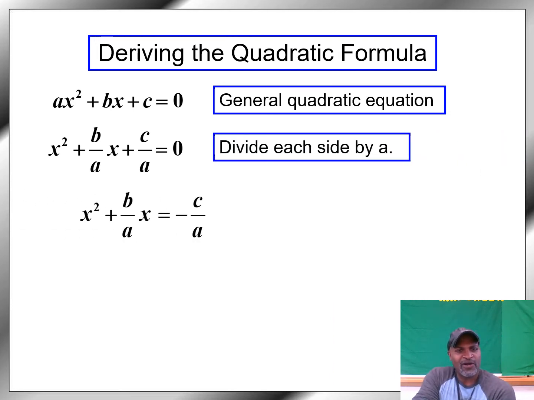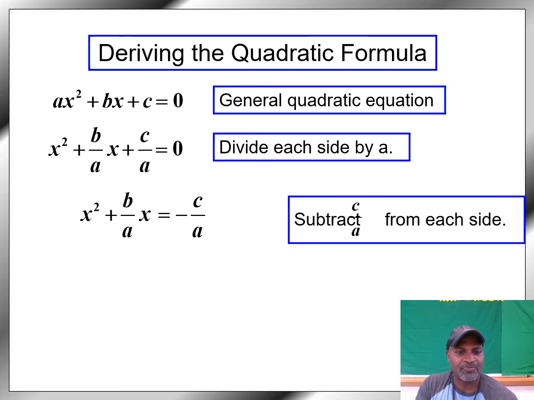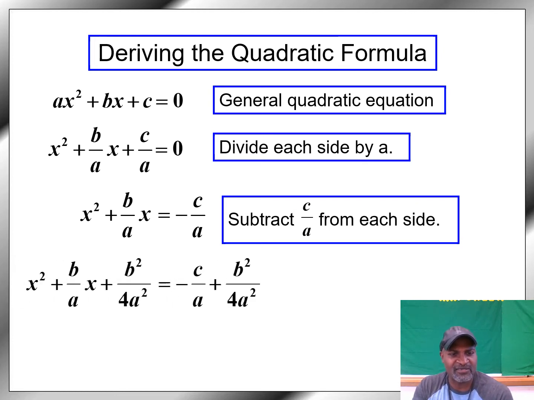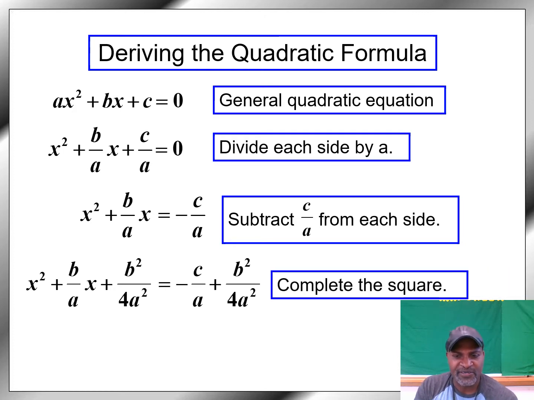Then we move our constant term to the other side by subtracting c over a from each side. And then we're going to take half of the linear coefficient, square it, and add it to both sides.